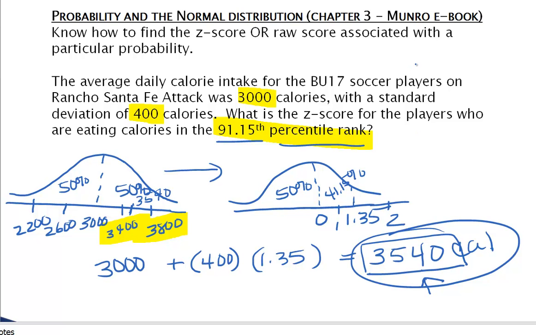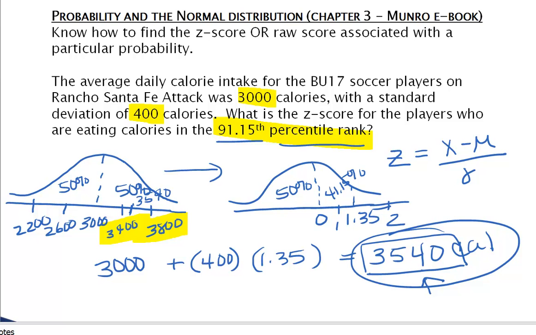So anything to do with percentile rank, I would say you're going to be looking at this kind of problem with the formula with the data point instead of the sample.